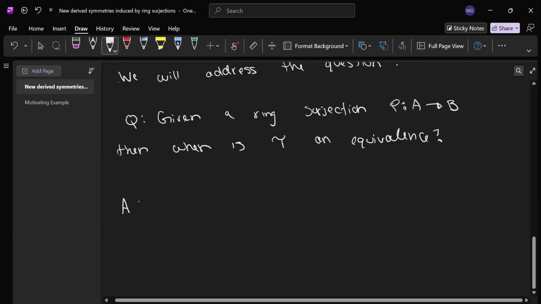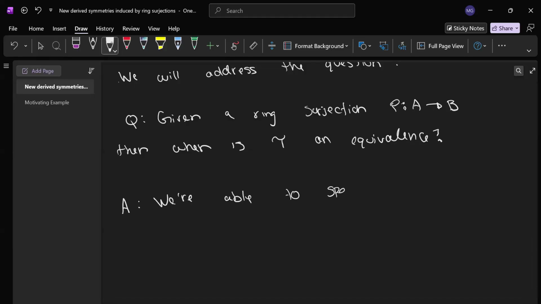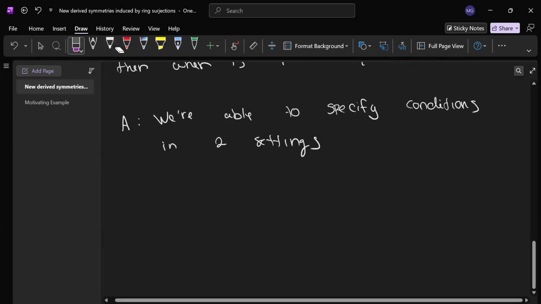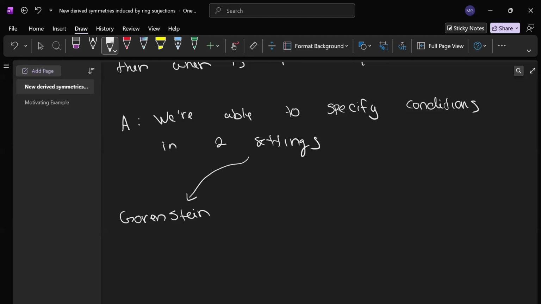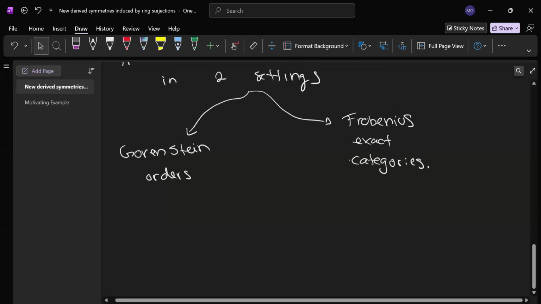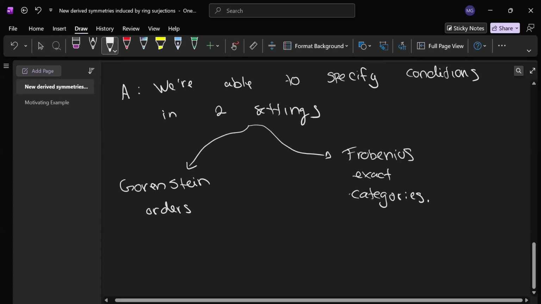And the answer is that we're able to specify conditions in two settings. The first setting is that of Gorenstein orders. And the second setting is going to be the setting of Frobenius exact categories. And so this is what I'm going to spend most of the talk talking about.